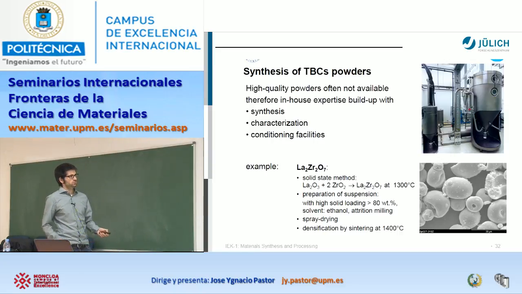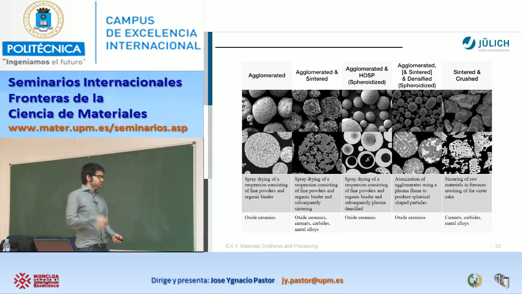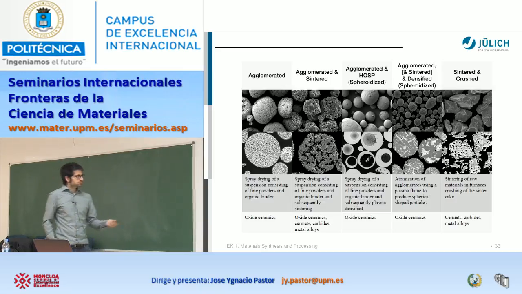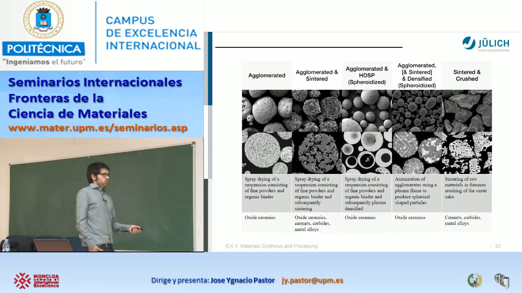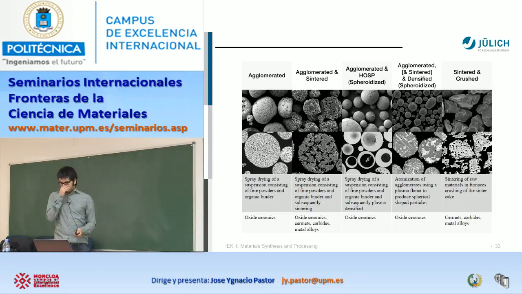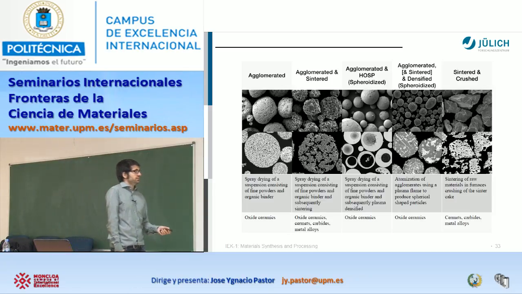After that, if you want to densify them, in that case it could happen at 1400 degrees. And here are different particles and how they are produced by this technique. Again, you should optimize several parameters, but this is the good part of science.